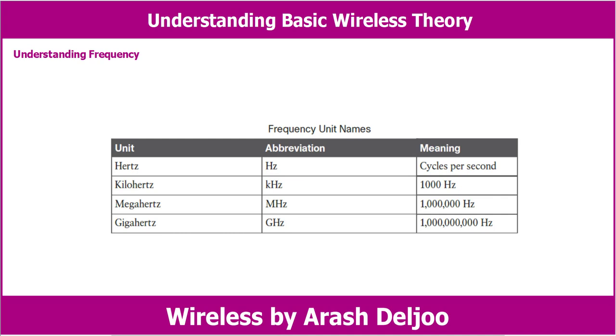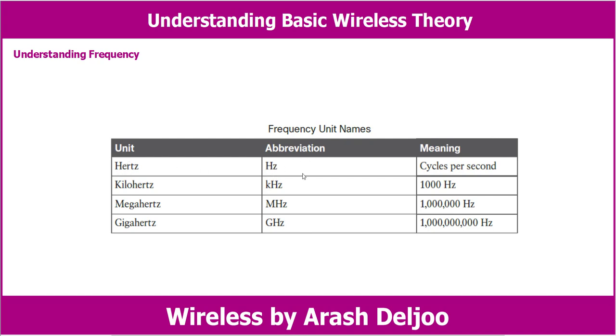Frequency can vary over a very wide range. As frequency increases by orders of magnitude, the numbers can become quite large. To keep things simple, the frequency unit name can be modified to denote an increasing number of zeros, as you can see in this table. For example, you know about the unit hertz.